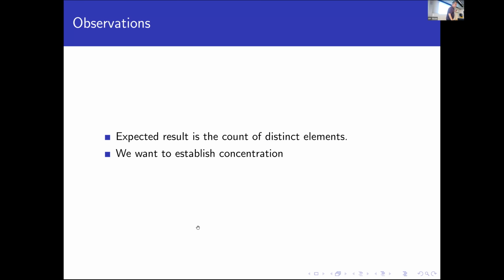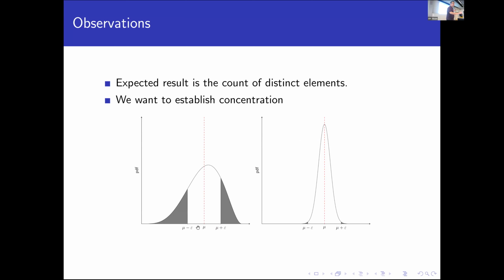So you want to show that the result of the algorithm is actually concentrated around the expectation. It would be bad if we were in the situation from before, but you want to be in the situation on the right-hand side, where the probability of deviating too much from the expectation is small.